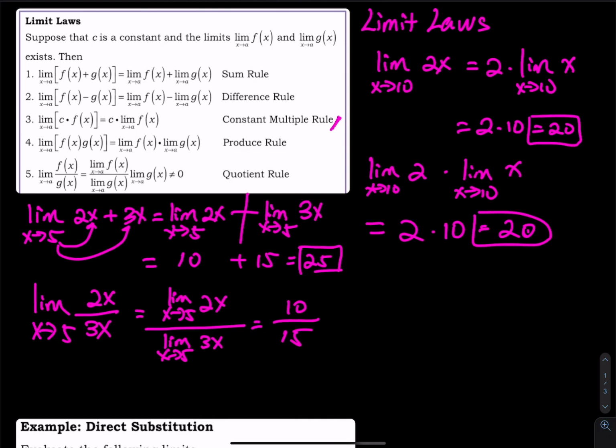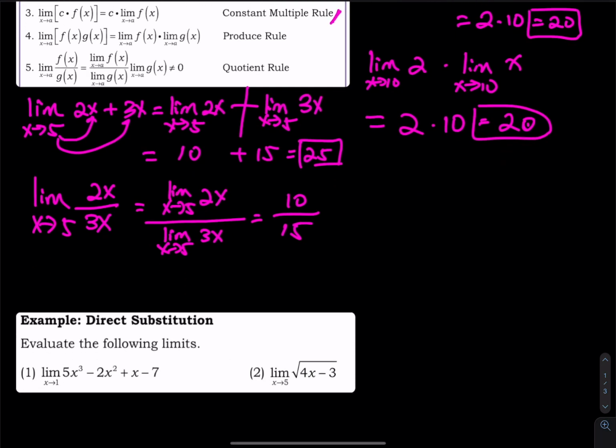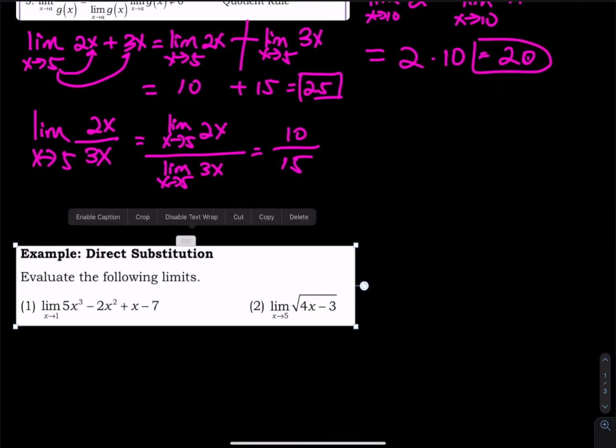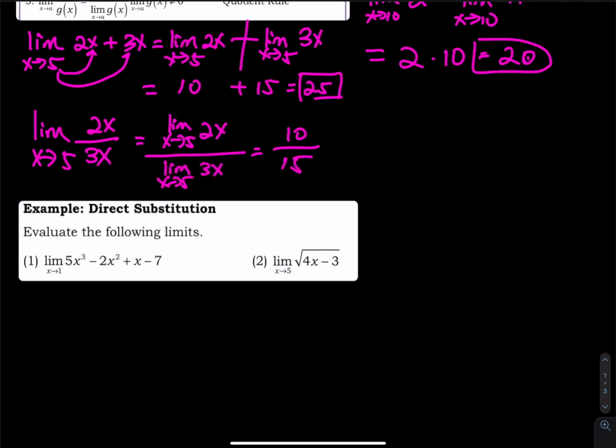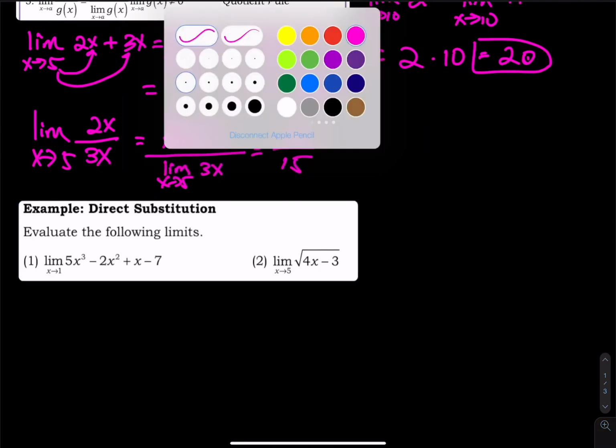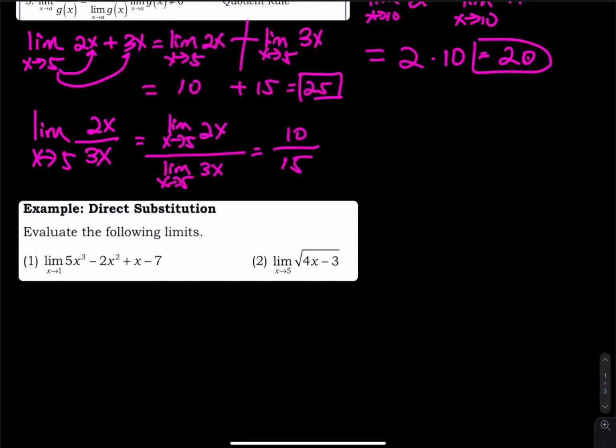So let's take a look at the first very simple example. It's a direct substitution. Let me move this up a little so that I have more space to show my work, and I want to change colors for my work. So we have two limits. The first one is a third degree polynomial, right? You don't see a radical, no square root, no ln, no log.